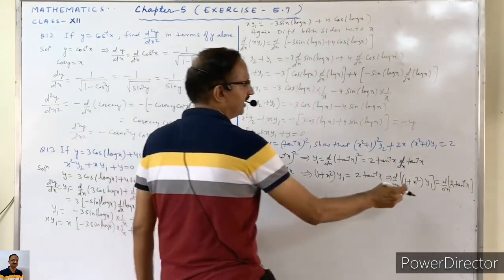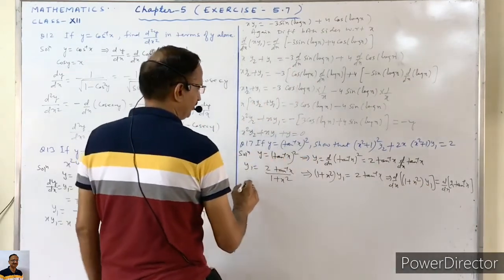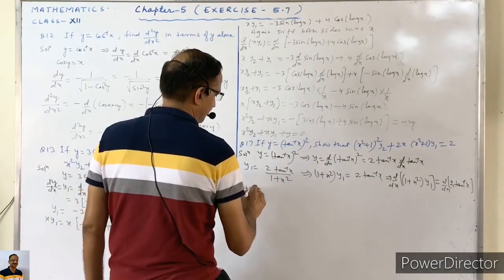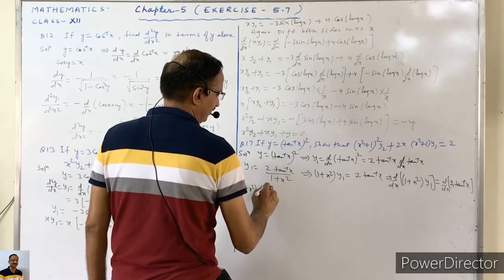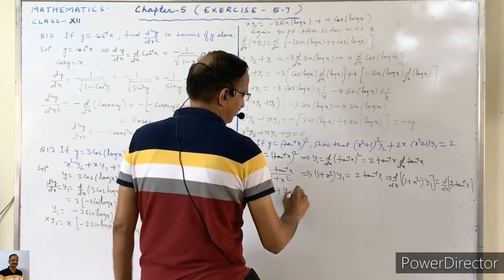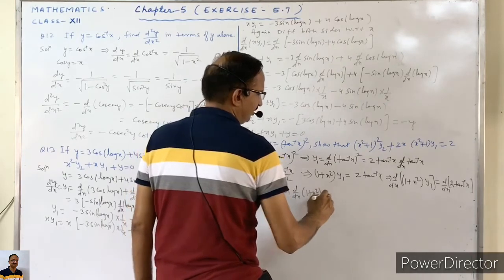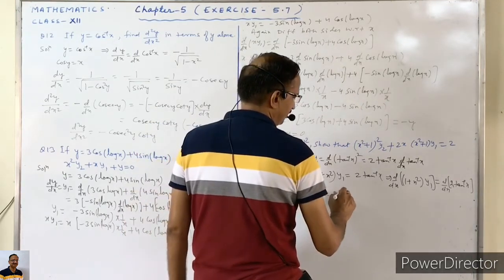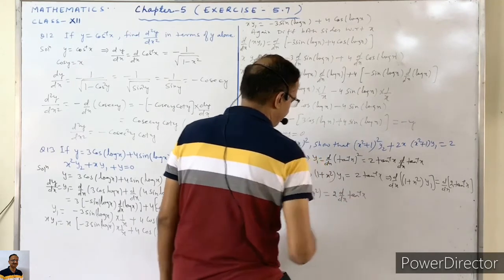Now on the left hand side, these two are the functions which are in product. So by using product rule, first function as it is, now d/dx of y1, then y1 as it is, d/dx of (1 plus x square). On the right hand side 2 is constant, d/dx of tan inverse x.